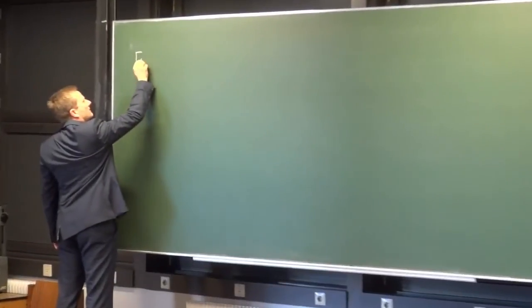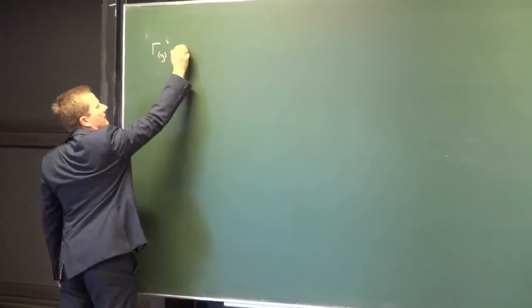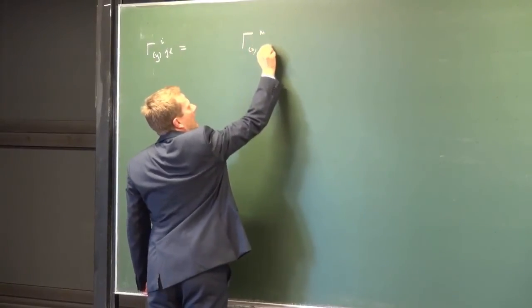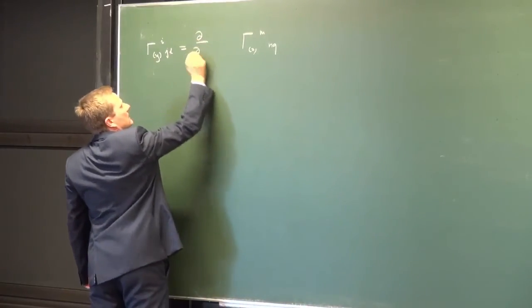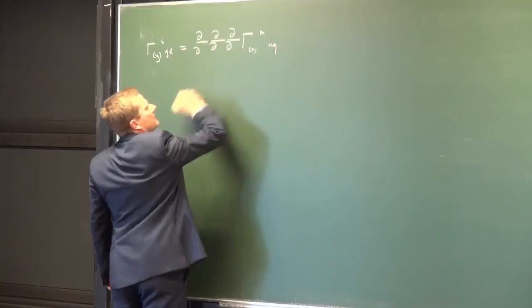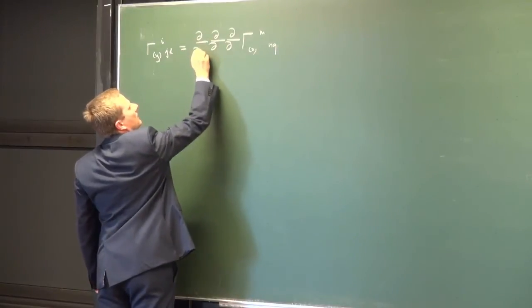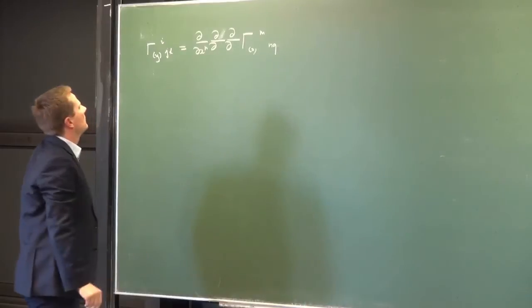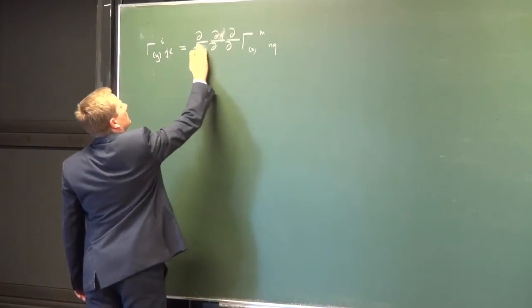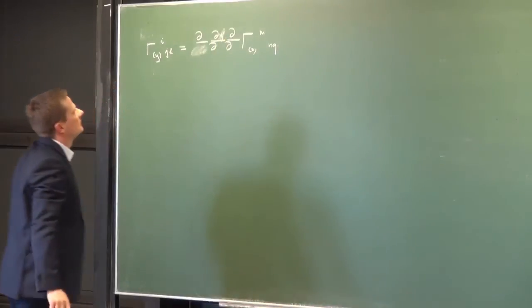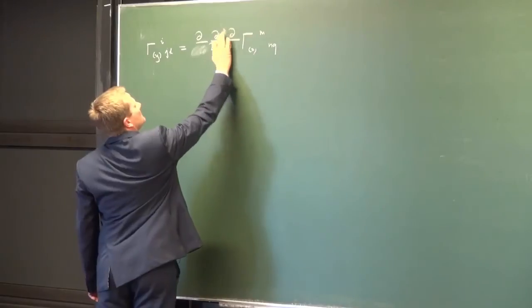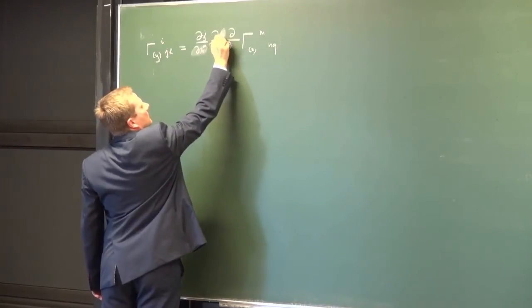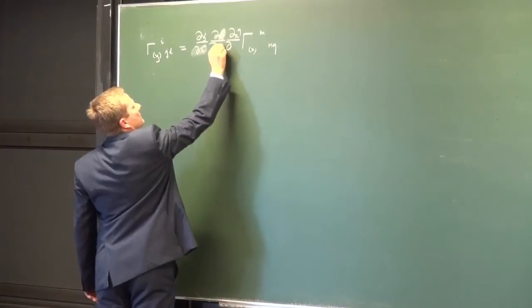So a gamma in the Y system, ijk, is the gamma in an X chart, MNQ, with d by d xm, xn, xq, yi, yj, yk.